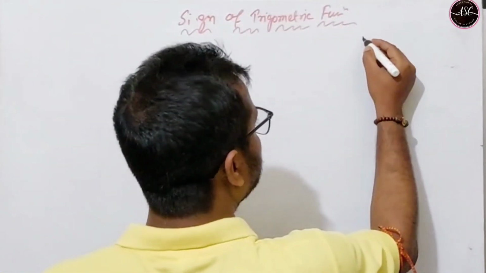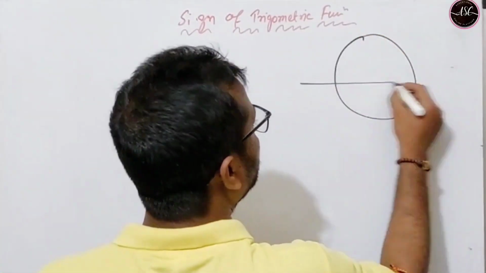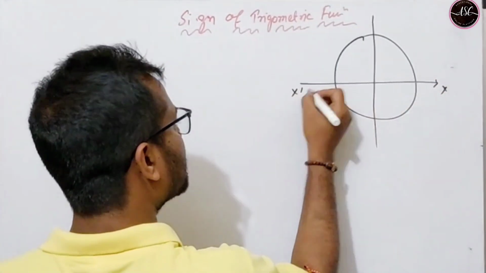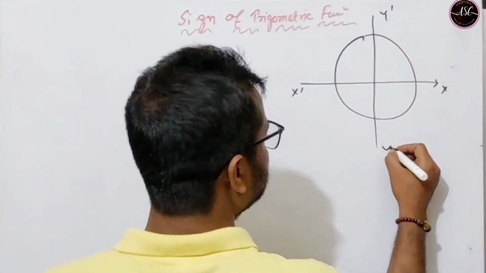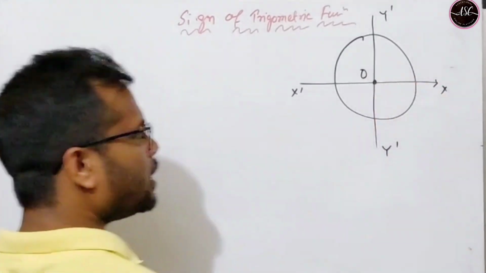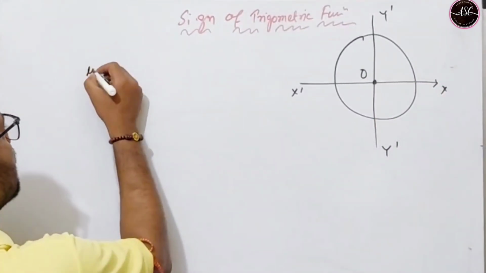Let O be the unit circle whose center is at the origin of the coordinate axis.